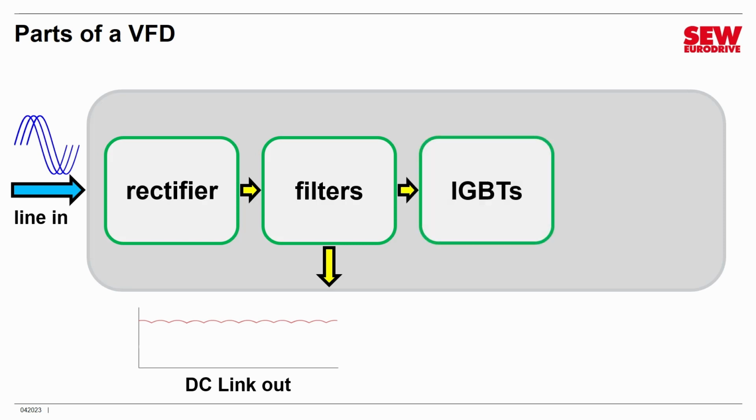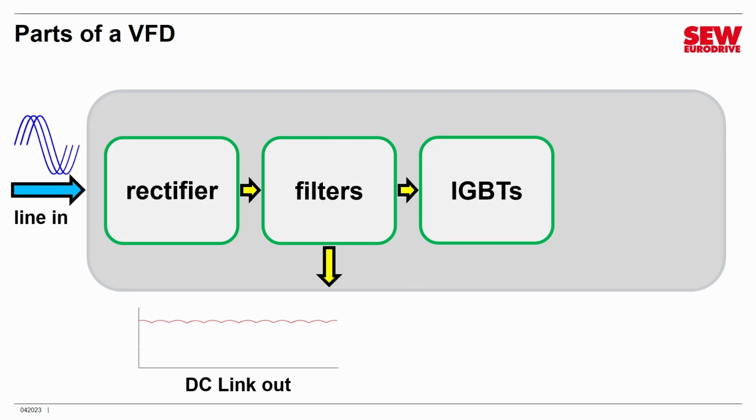That gets fed into some very hefty transistors. And they're called IGBTs, which stands for Insulated Gate Bipolar Transistor. An IGBT is like an electronic switch, and it can be turned on and off thousands of times a second with an electronic control signal. So there are 3 IGBTs inside the VFD.